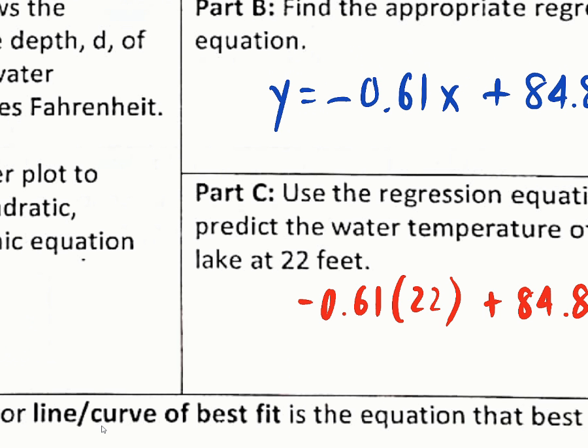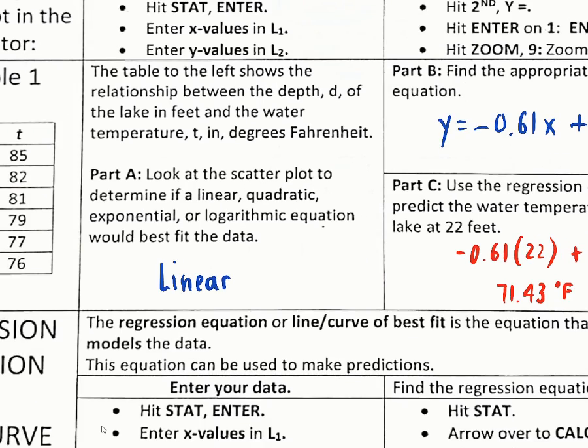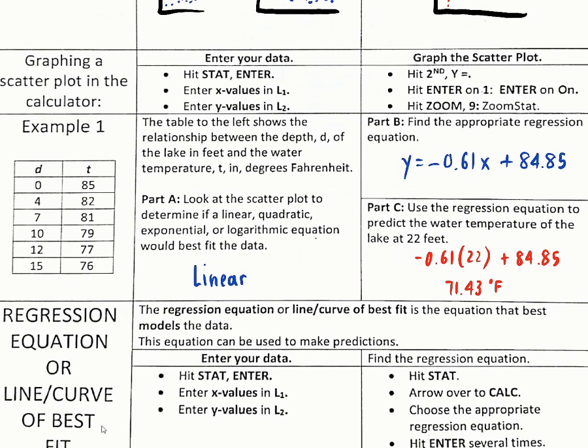You plug them in, and the equation will do the work. Okay, we're going to assume it's going to be really close to what value? Was it 71.43? And this was degree Fahrenheit. So that's going to be my prediction. It's going to be 71.43 degrees Fahrenheit. Questions about that?